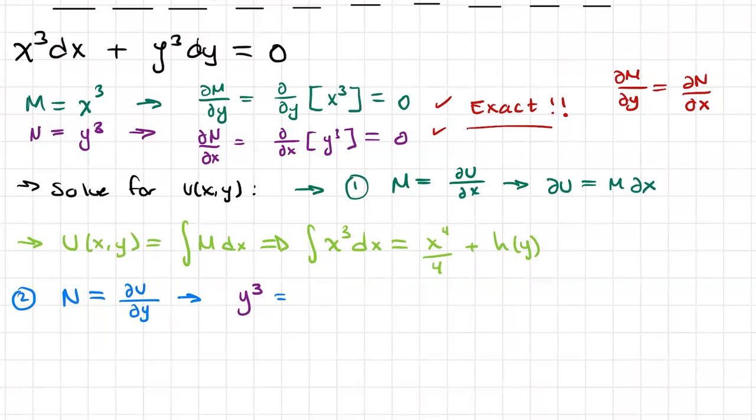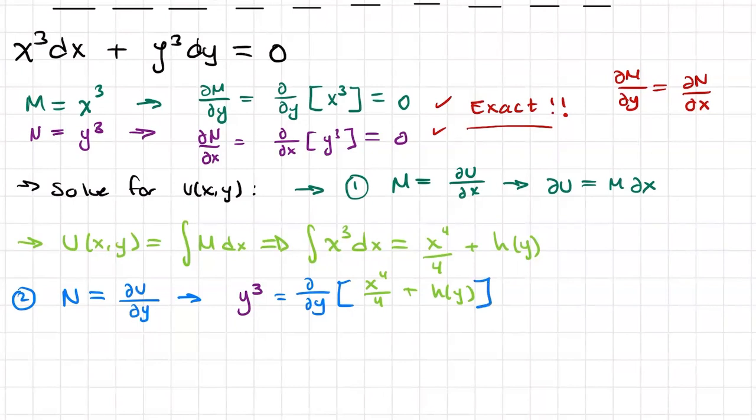We have it here on top. Right, we said that everything here is my new u. So this will be the partial y of, I'll just put it in the corresponding color so you can see where that comes from, x to the 4th over 4 plus h of y.